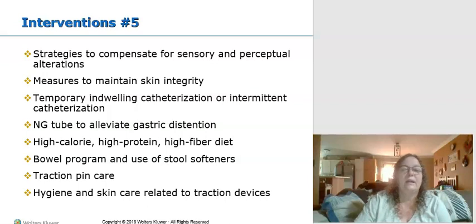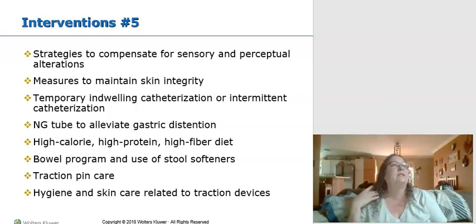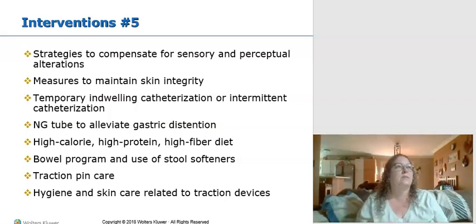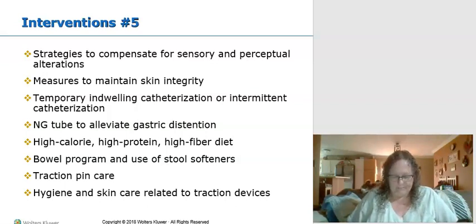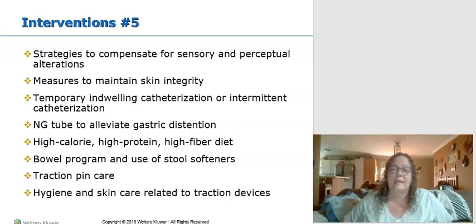So still taking care, we want to make sure we use strategies to compensate for sensory, peripheral, and perceptual alterations. So if there was some sort of injury, now they can't feel below that area. Having them put themselves on a schedule, we can turn them in the hospital, but how are they going to take care of that at home?